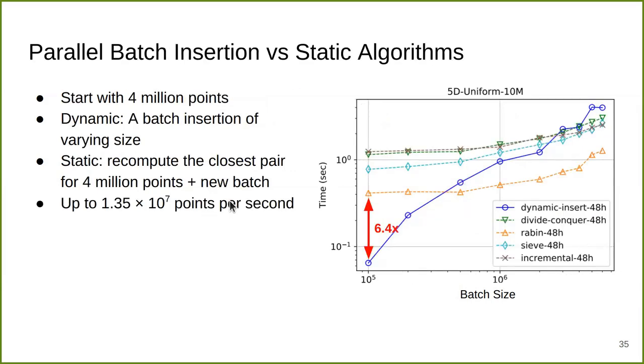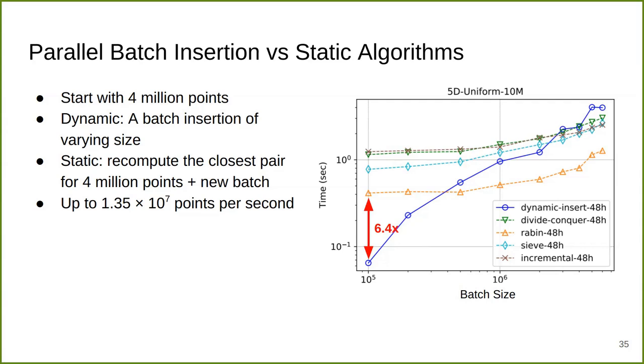We also benchmarked the parallel updates versus static algorithms, and this slide is for the insertion. I don't have time to go into details for these static algorithms, but they are represented using the colorful dotted lines here. For the experimental setup, we start with 4 million points, and we want to insert a batch of varying sizes. For the dynamic algorithm, we simply insert the batch into the data structure.